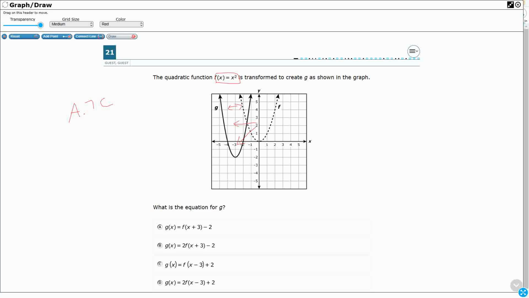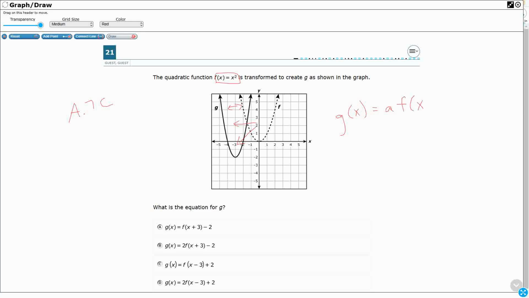Well, we do a lot of work with this. We need to remember that there are several factors that influence this, and this one actually hit all three of them, right? So we think of it like this: g of x, or whatever your transformed graph is, in this case it does happen to be g of x, equals some type of multiplier outside of the f.